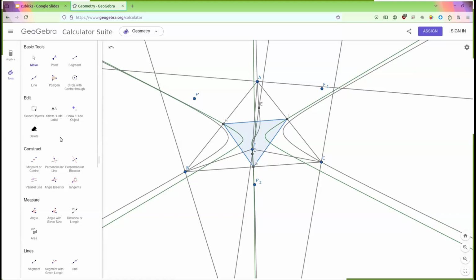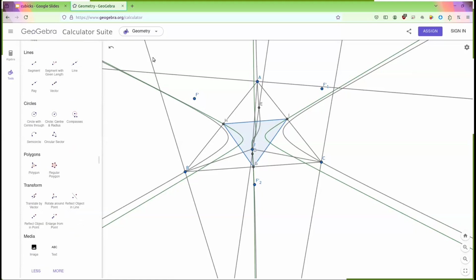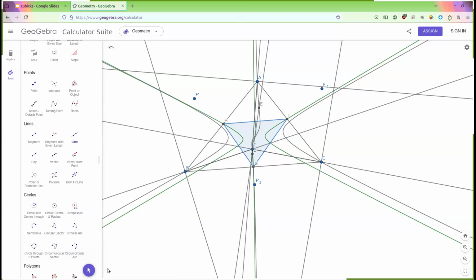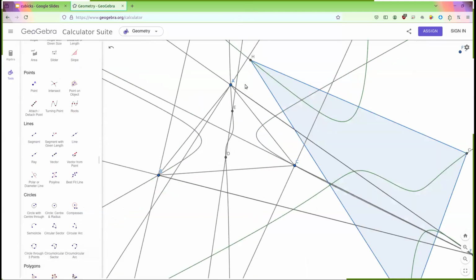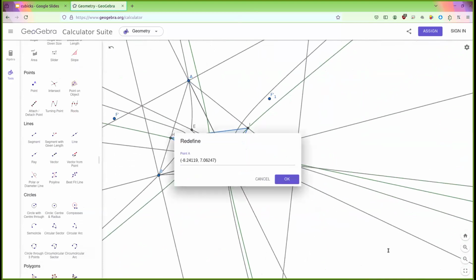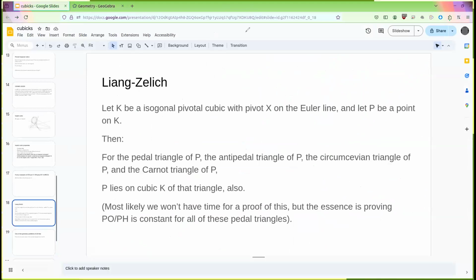It's also true for what is called the antipedal triangle of it. It's also true for the triangle you get if you draw lines AF, BF, CF, which is not very visible. Oh, the antipedal triangle, yeah, it's just this and this.